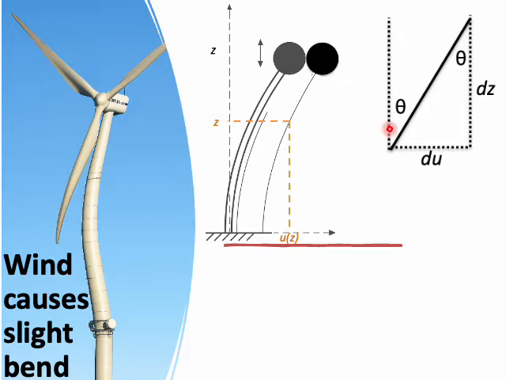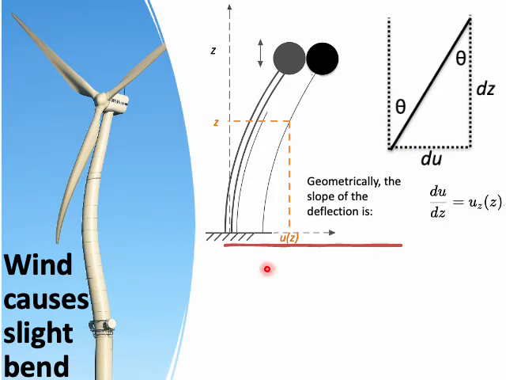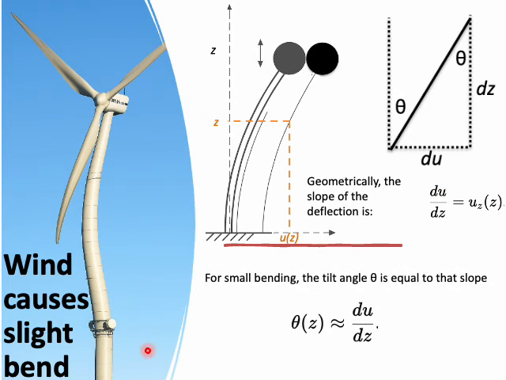Geometrically, the slope of the deflection is given by this formula. For a small bending, the tilt angle theta is about equal to that slope, as given by this formula.